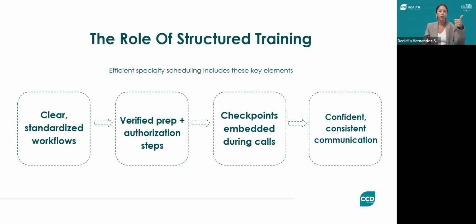First, clear workflows, where schedulers need to know exactly what needs to happen. Second, confidence in communicating prep requirements. Patients must end the call with a crystal clear understanding of what they need to do. And the best thing about this is that it gives them confidence that everything is under control and the patient's health is our top priority. And third are those verification checkpoints.